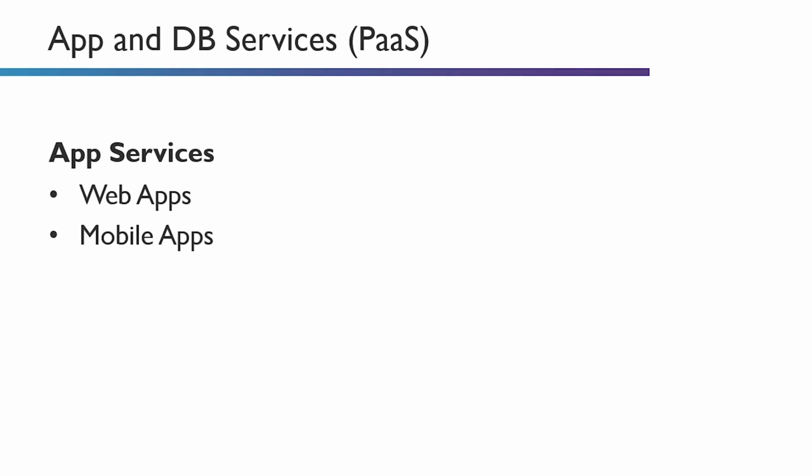In addition, there's mobile apps for mobile device backends. That's another service that can also run in the same app service environment, as well as serverless functions such as functions and logic apps. So both these are a little bit different. Azure Functions are really serverless pieces of code that you would write, and then they will execute on a compute node that Azure has available for you.